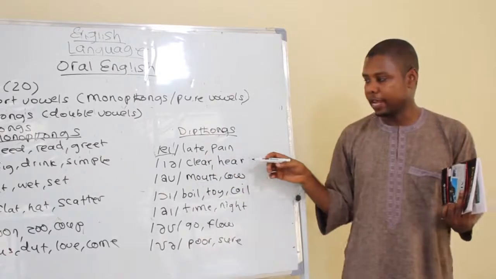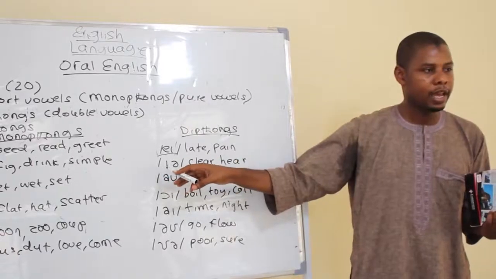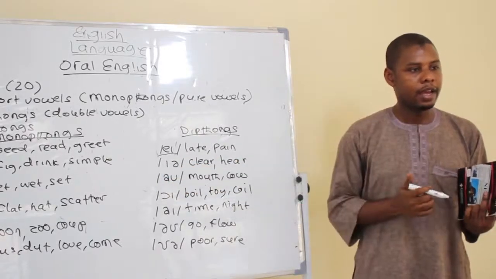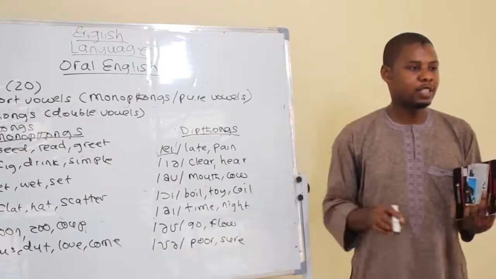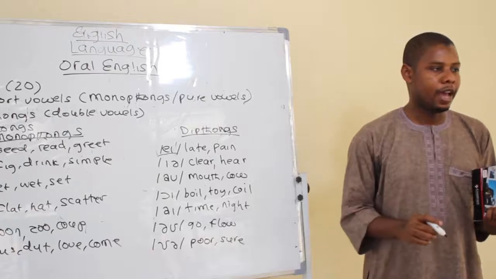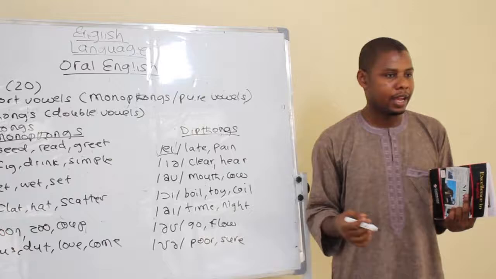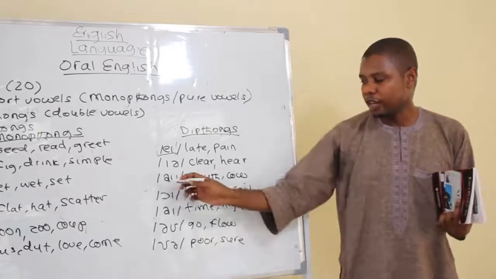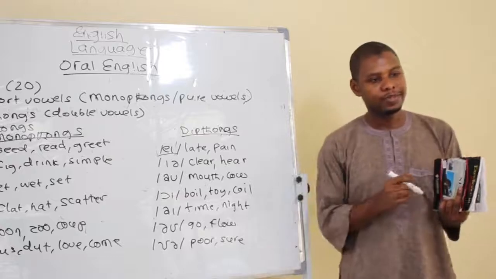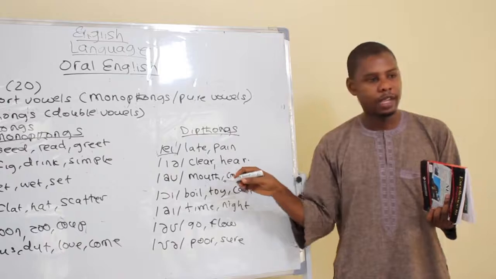Okay, how do you pronounce this? It's pronounced as ear. And you have it in words like clear and here. Now the next one is pronounced as what? How do you pronounce the next one? Ow.